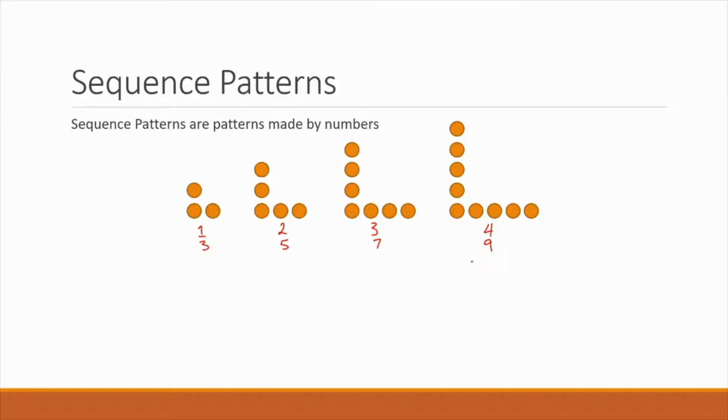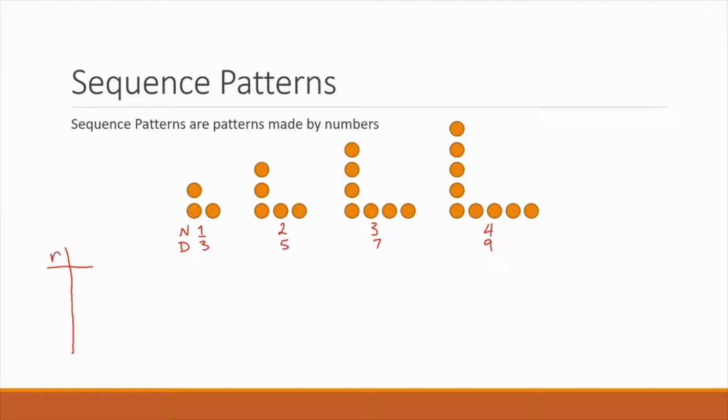So I'm going to start by taking what I've done here and writing it into a table. Because you can see here I've kind of got one already. I have my pattern number and I have my number of dots. So I'm going to make a table, and on one side I'm going to have my pattern number.